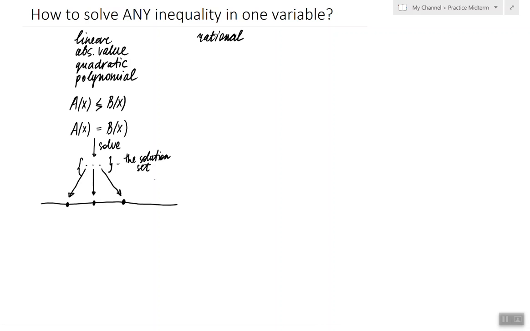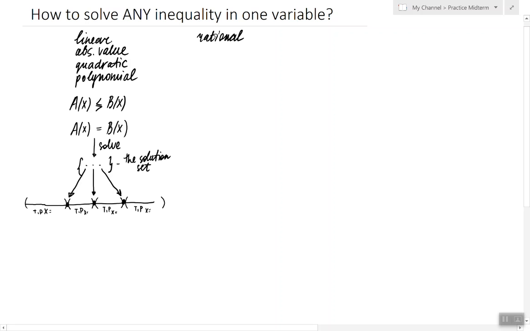How do I know if it's a solution or not? Well, to answer the question whether an interval is entirely included or entirely excluded, we just have to pick one point, which we call a test point. So on each of these intervals, we pick a test point, and we take that value and we test our inequality.